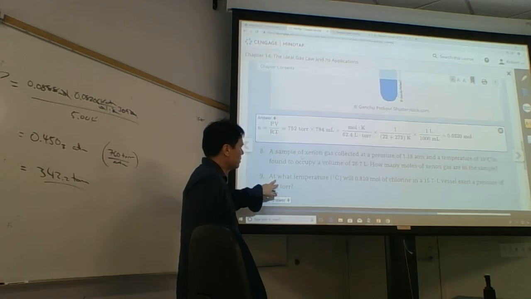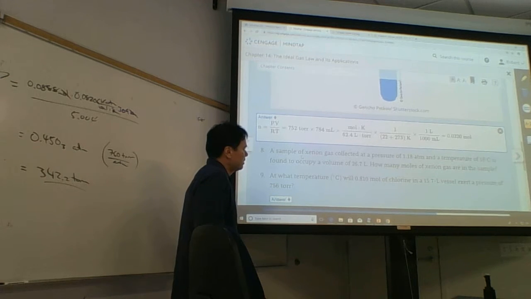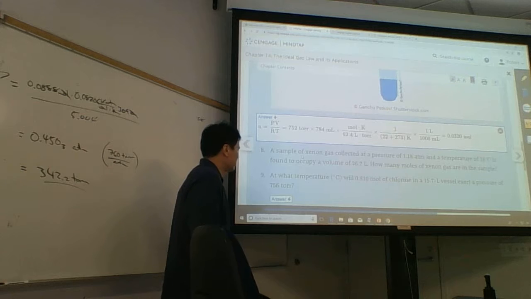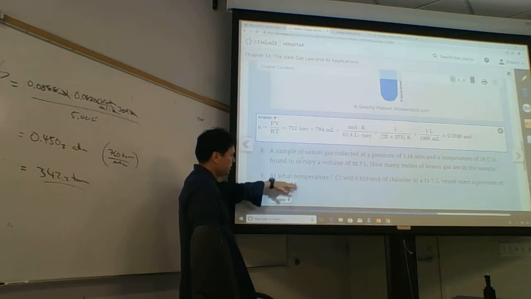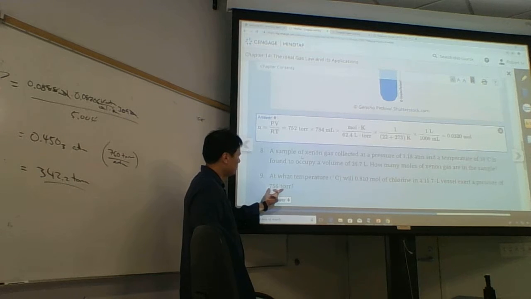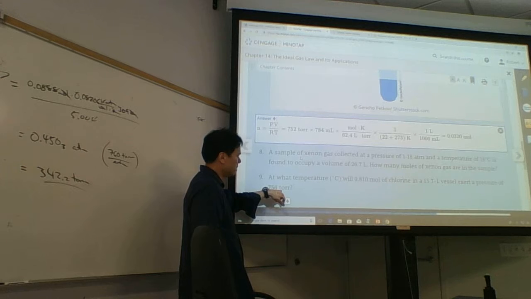At what temperature in degrees C will 0.810 moles of chlorine in a 15.7 liter vessel exert a pressure of 756 torr? So we're calculating the temperature, but it's going to be in Kelvin. We're going to have to change torr into atmospheres.